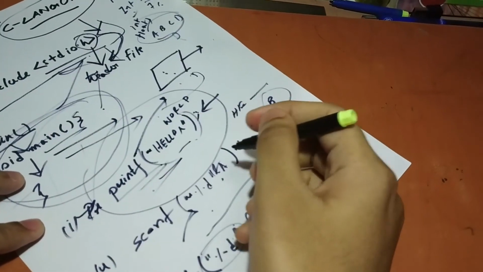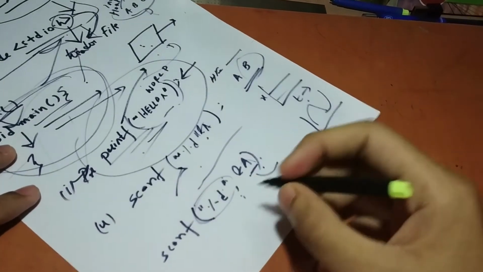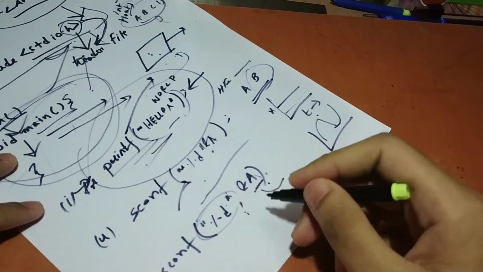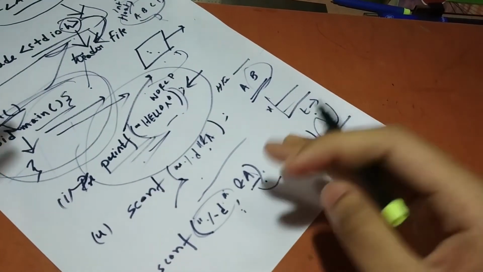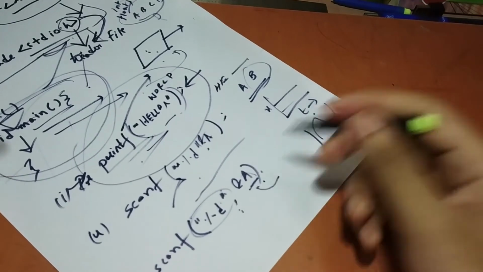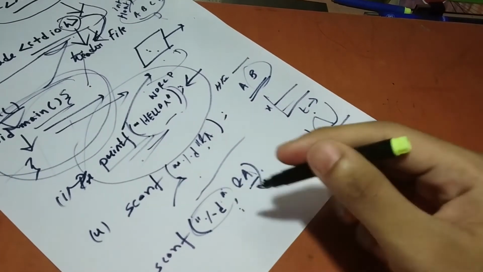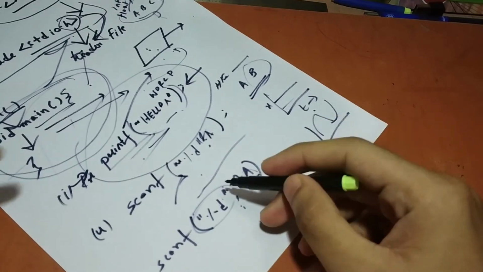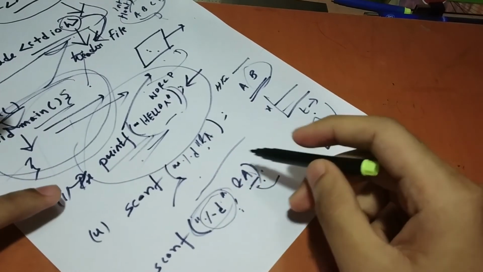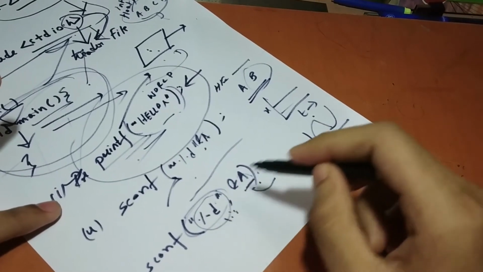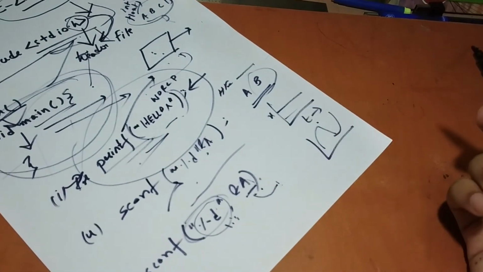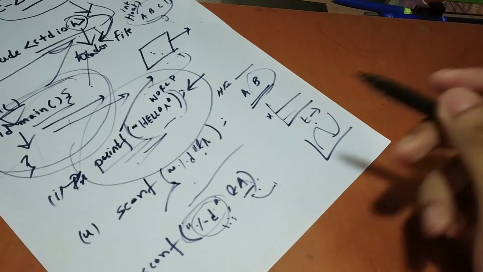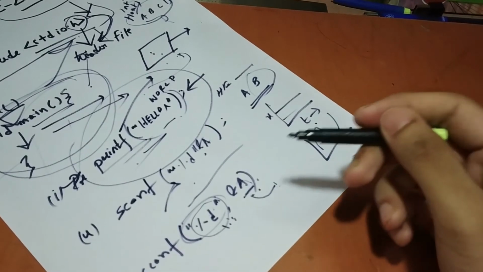Now what is the work of this %d? It actually identifies whether what you have given as input is an integer or not. If it's an integer, it will take in that thing. It is called an identifier. It will identify whether it's an integer or not. I can give any values inside a, right? I can give a float value, or even a character value.